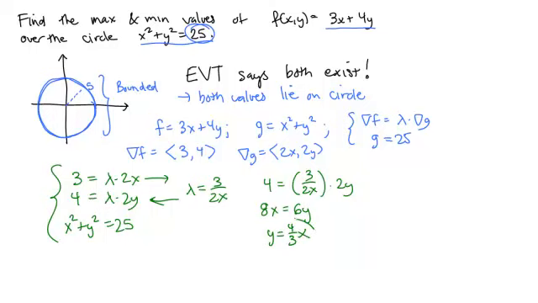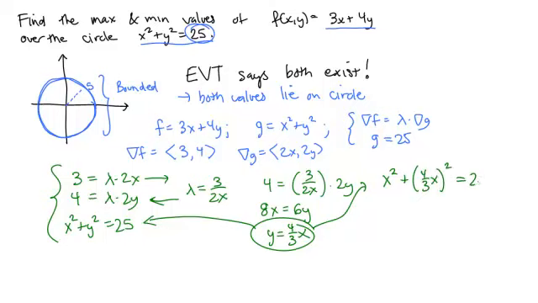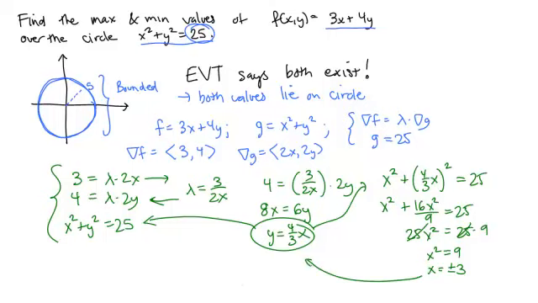So now we've got the y value, we can plug that into the constraint equation. We get x² + (4/3 x)² = 25. We get x² = 9, and so x is equal to plus or minus 3. Now that we know the x values, we can find the corresponding y values, and then we can go back and find the corresponding values of lambda.